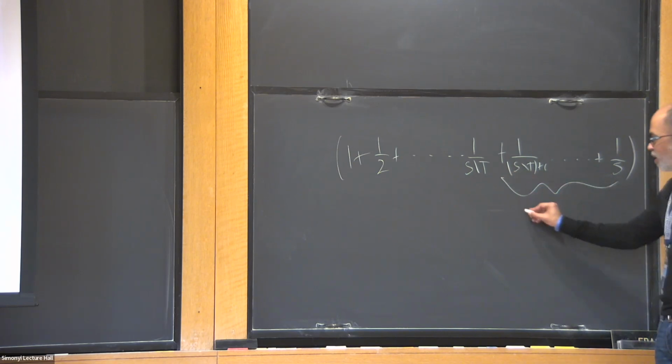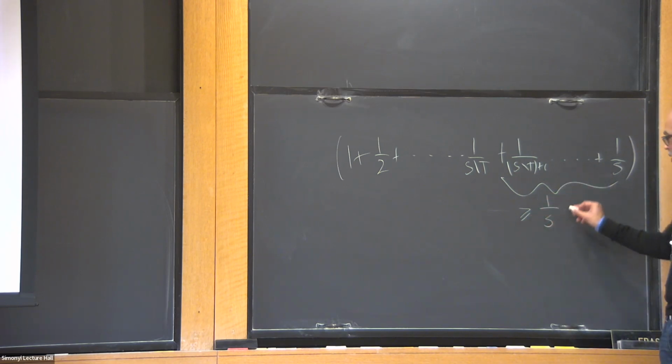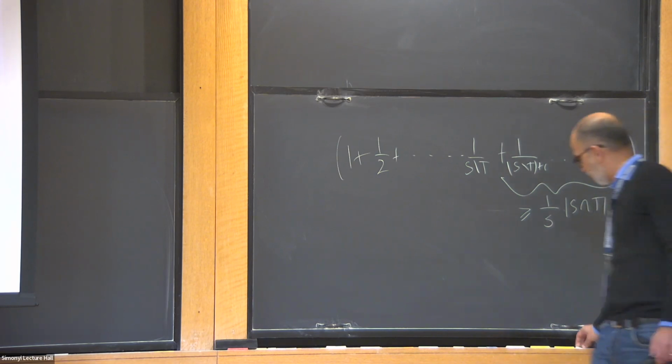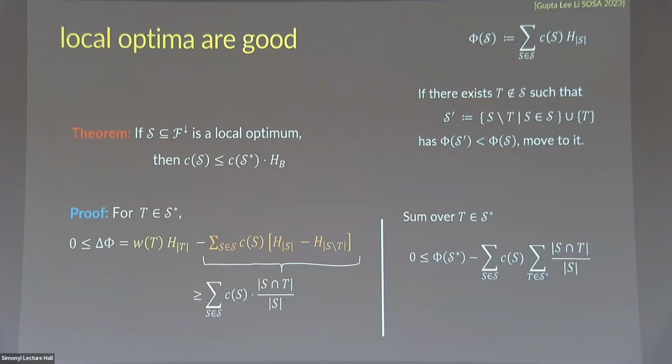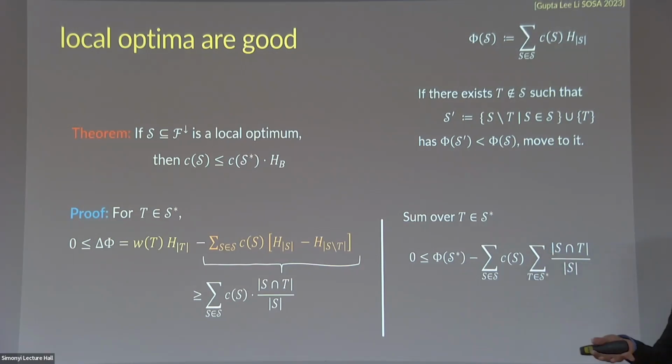And each of these terms is at least 1 over s. Okay. And there is s intersect t of these. It's somehow doing algebra on the board is always, yeah. And then I summed over all the sets in opt. Now note that s intersect t summed over all the sets in opt is a cover.